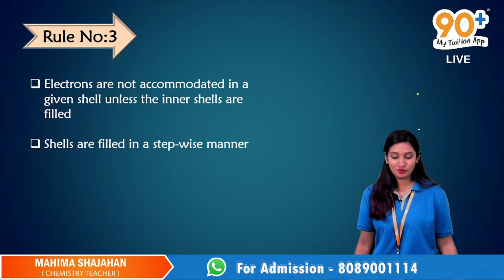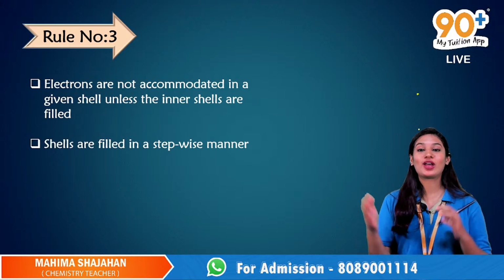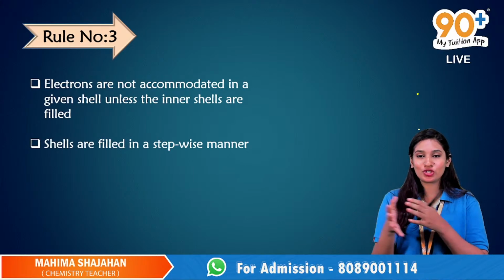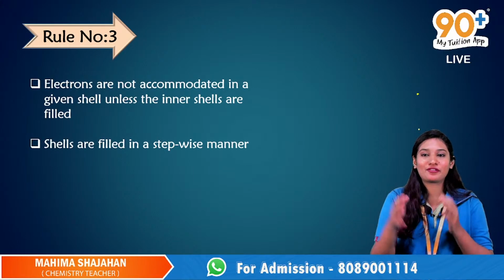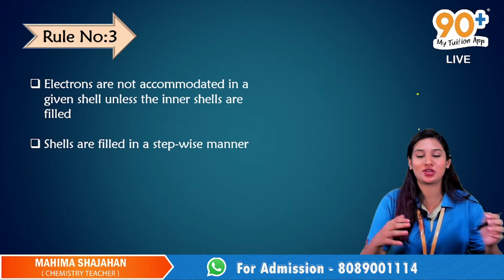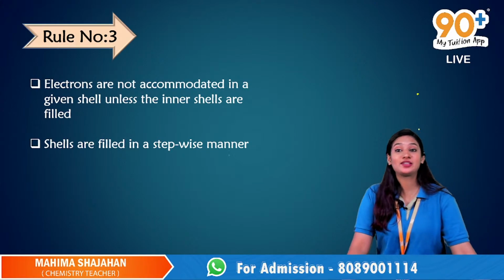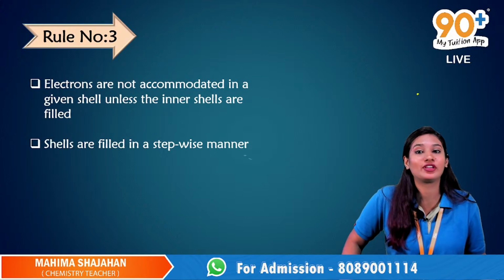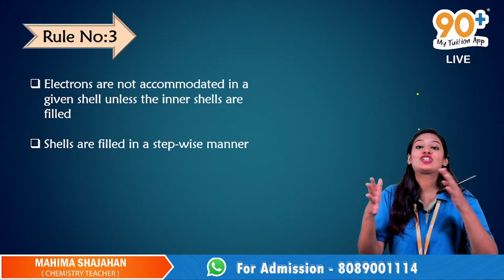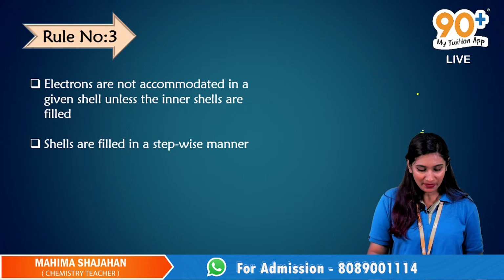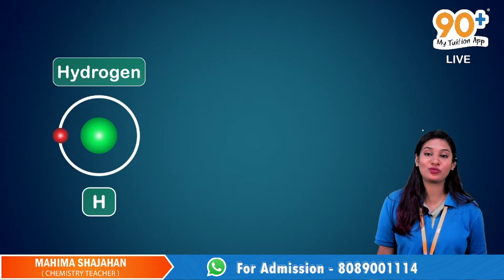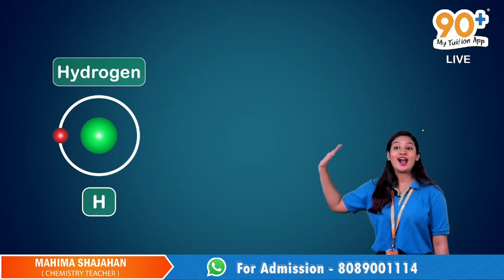Yes, so we are going to write how these electrons are distributed in different shells. That is electronic configuration. We call it electronic configuration. Now, the first element that we are going to write is hydrogen.